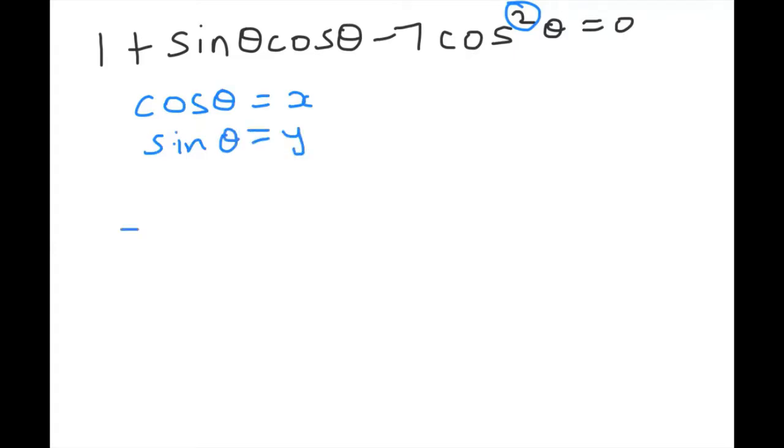Can we then rewrite the equation as minus 7x squared plus xy plus 1 equal to 0? So I'm just substituting that, giving my thought process. I'm not saying this is the answer.